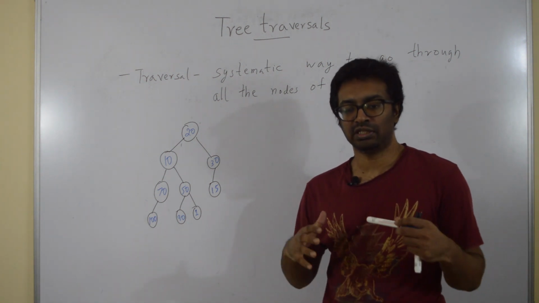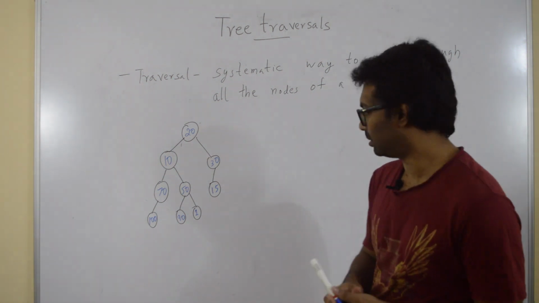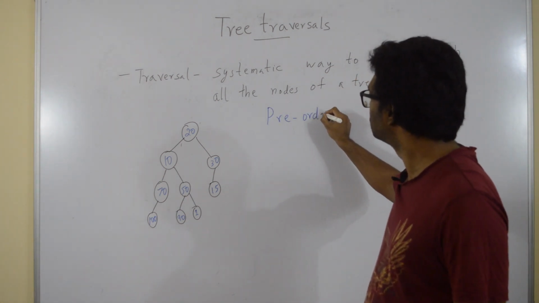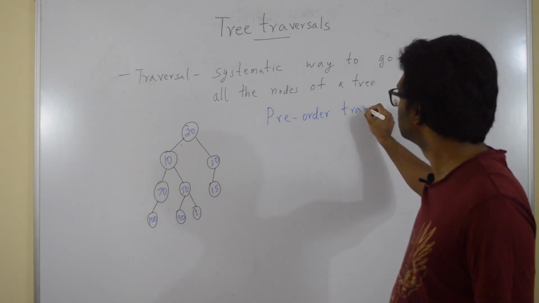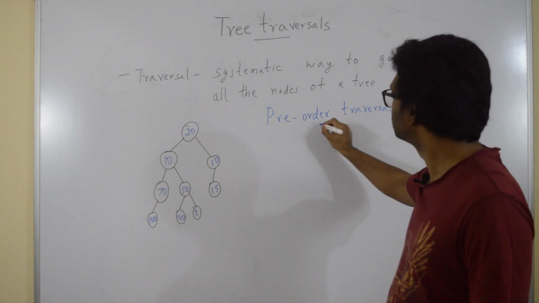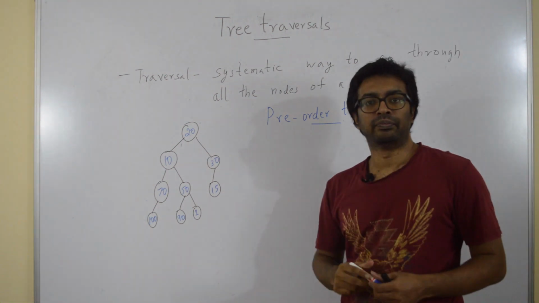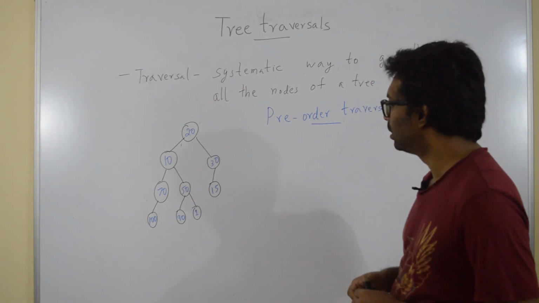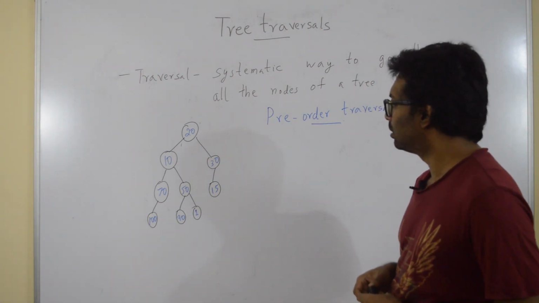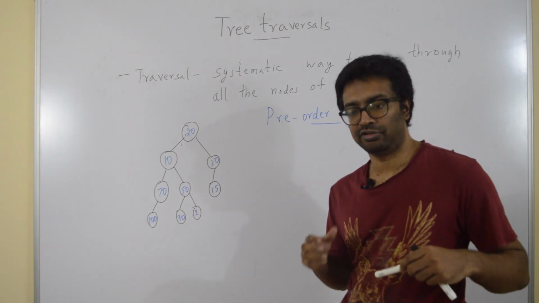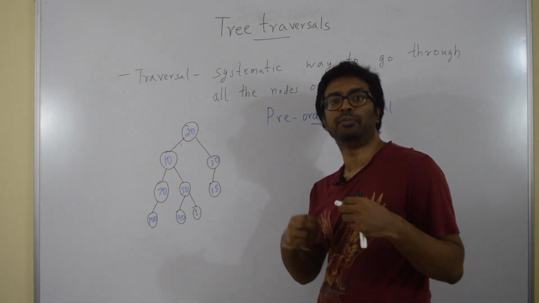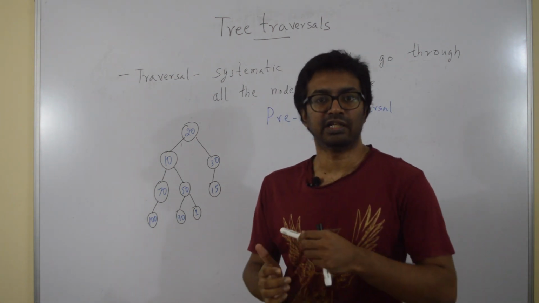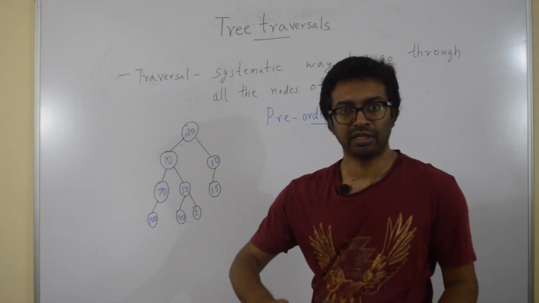And first, what is pre-order traversal? First of all, as you can see, it's a binary tree. In a pre-order traversal, first you will visit a particular node, and then you're going to look at its left child and then right child.